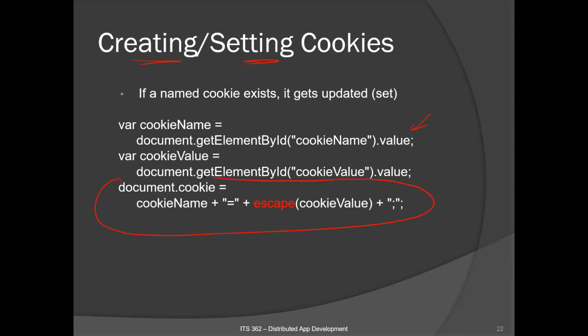And now this is the part where we're going to add this over to the actual cookie in the HTML page. So the document.cookie. All right, so we're going to take cookie name. Notice the character is actually the equal sign, and we're going to use escape. Right, so we'll see this later on. These functions are to ensure that whenever we have spaces and things like that, they get appropriately encoded, possibly for URL encoding and things like that.